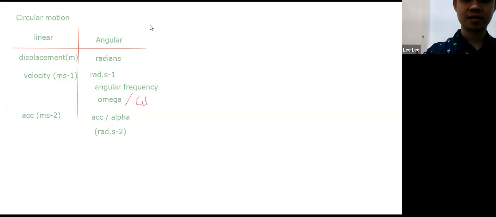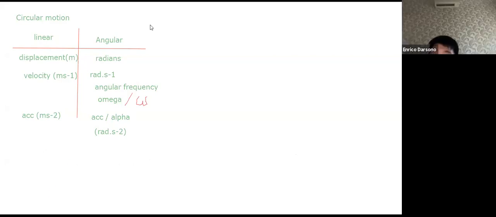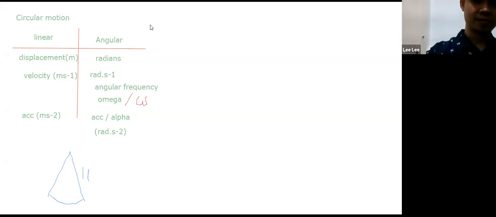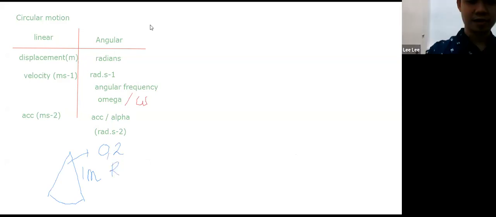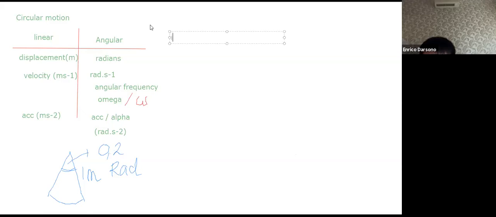Because it's like this, right? Linear. So this is 1 meter. This one is 0.2 radian, I think. So when I say angular displacement, it means how much the angle changes. So how much is the angular displacement? 0.2.